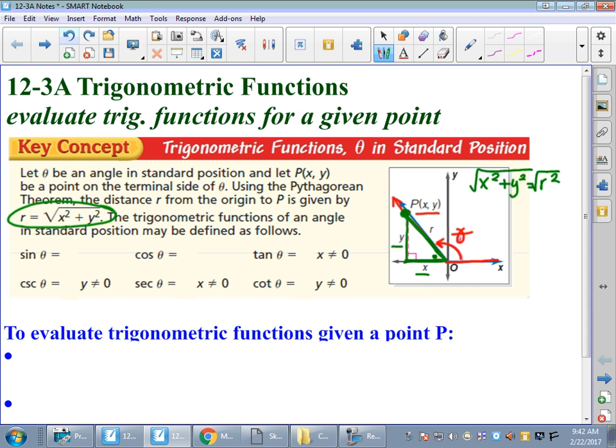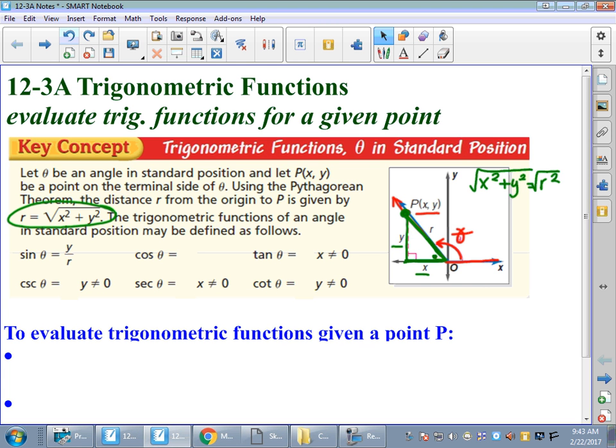Now that we have this green reference triangle in here and we're talking about that acute angle in the bottom, the sine of theta, the sine of this great big angle, would be the values of opposite over hypotenuse, which would be the ratio y over r. We're just filling in this set of notes here.